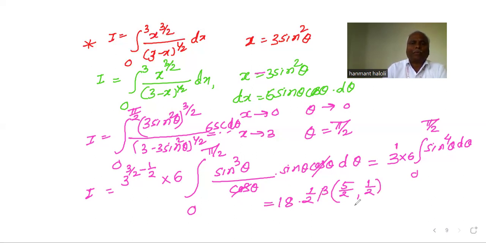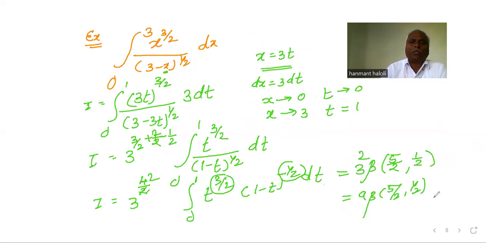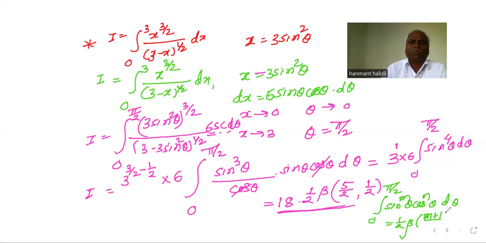This is your answer. Now I'll explain which formula we applied here. The integral 0 to pi by 2 of sin raised to m theta cos raised to n theta d theta can be written as 1 by 2 beta of m plus 1 upon 2, and n plus 1 upon 2.